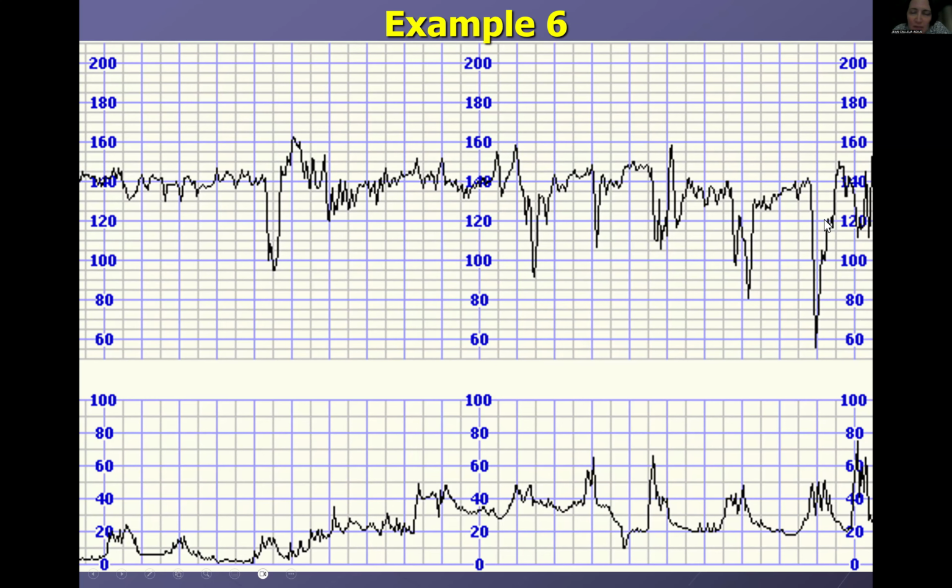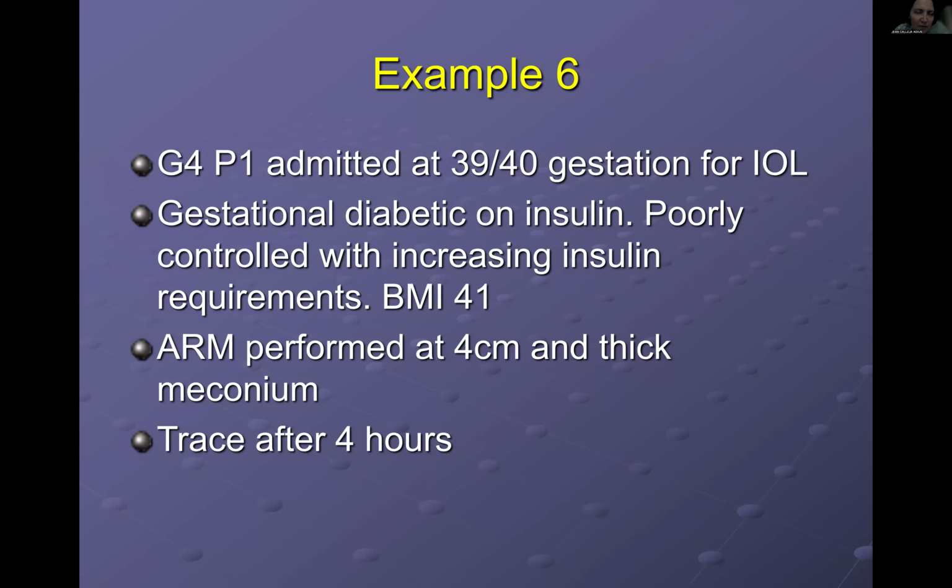And that, together with the falling baseline, the reducing variability, and the history, the high BMI, the diabetes, the thick meconium. Okay. Yes, this for sure.